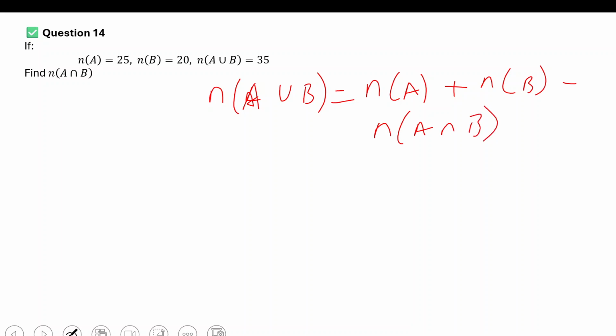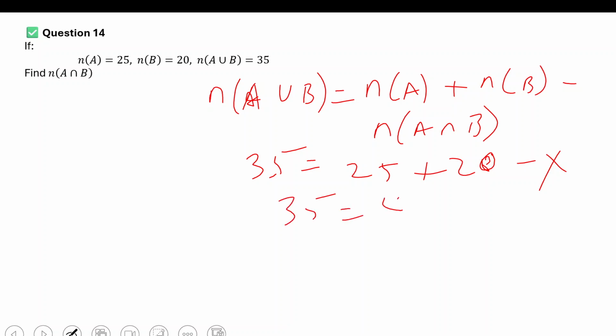If there's a neither, you put the neither as a plus. Understand? But there's no neither here. So A union B is 35, number of A is given as 25, number of B is given as 20, and the number of A intersect B, let's call it X. So I'll say minus X. At this point, 35 is equal to 45 minus X. So X comes here, 35 goes here.